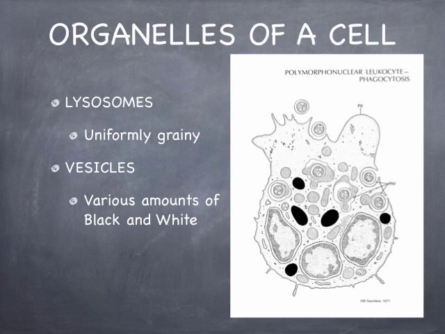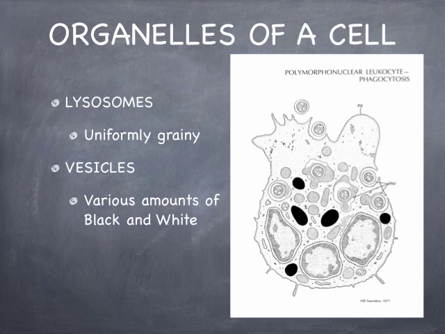The picture that you're looking at, though, let me call your attention to something more than just lysosomes and vesicles. This is one of the most amazing pictures that you'll ever see. The cell pictures that you've been looking at here are actual photographs of real human cells. An artist did not draw this. Cells from some person's human body were frozen, they were sliced, and they were imaged by an electron microscope.